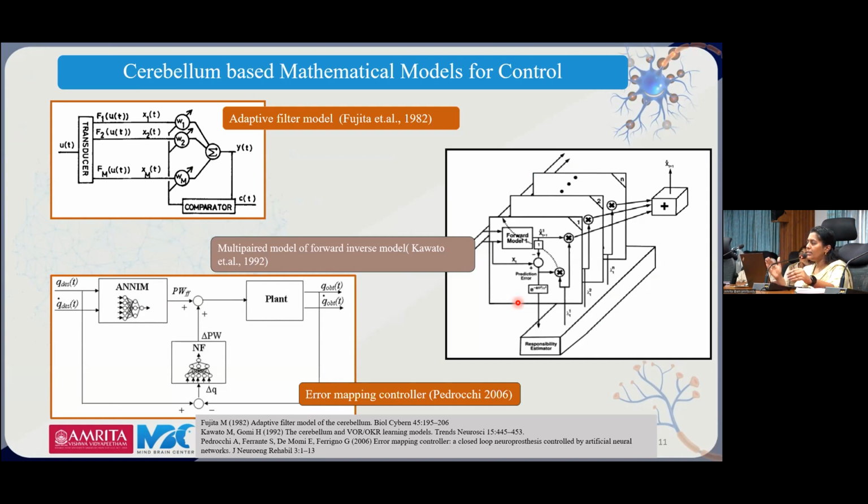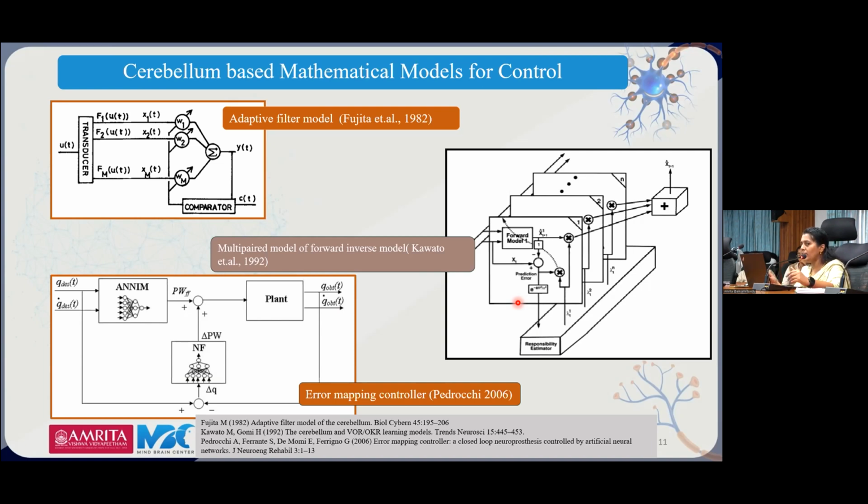Here they introduced an internal model, a forward model as well as an inverse model, which would work in pairs. Our body also works like that. We have multiple pairs of forward as well as inverse models, which work together to attain a particular motor task. And later, we have many other models.